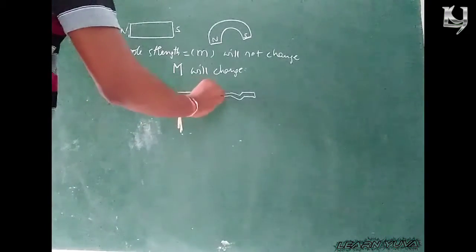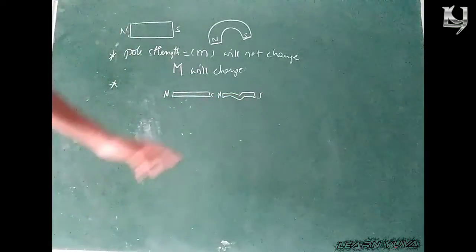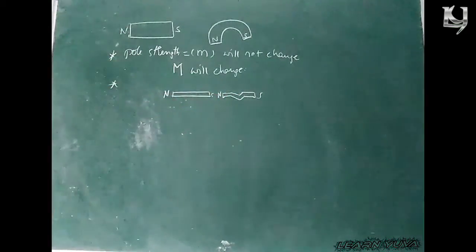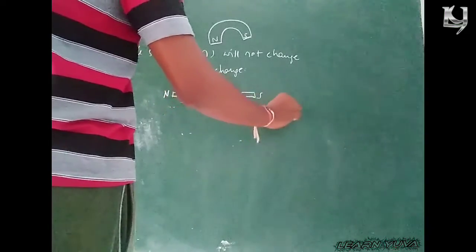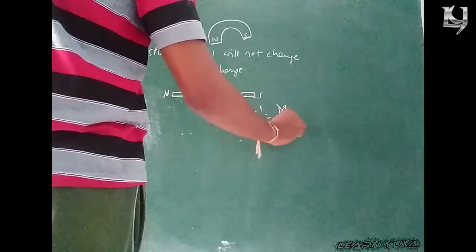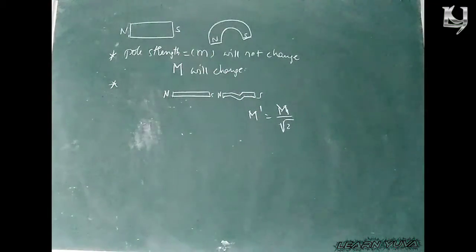North and south, here also north and south, the same bar magnet. Here you bend it at the middle. So in this case the magnetic moment will be M by root 2.